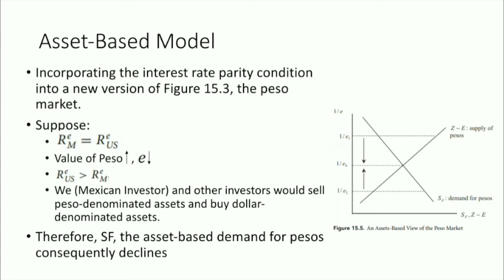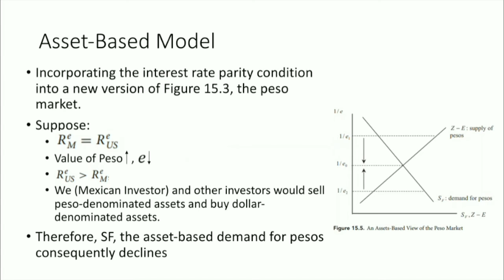Okay, so for a given expected future exchange rate, which is the E to the power of e, the future exchange rate, the total expected rate of return on the dollar denominated asset, which is the R to the power of e for the US, increases because as the exchange rate falls, the dollar denominated asset increases in value, and therefore the return on the dollar denominated asset is larger than on the peso.